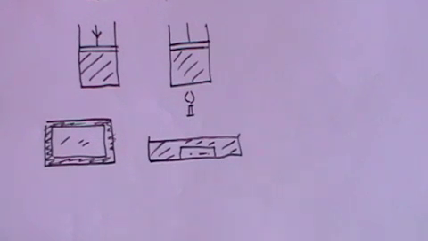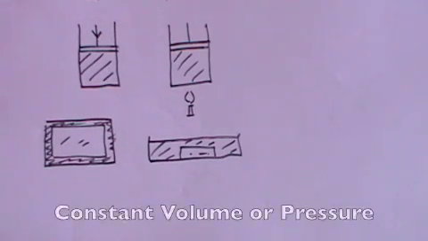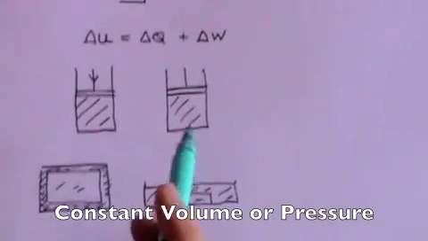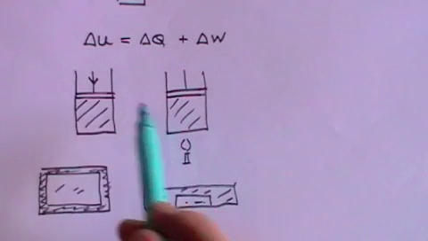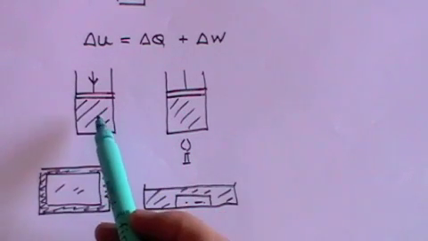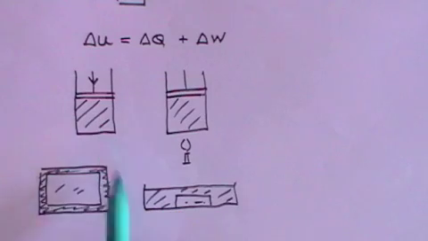And the third type of change is what's called constant volume, or in some cases constant pressure, where you make the changes but you ensure either that the volume doesn't change, that is to say that stays the same volume, or the pressure acting on that system doesn't change.